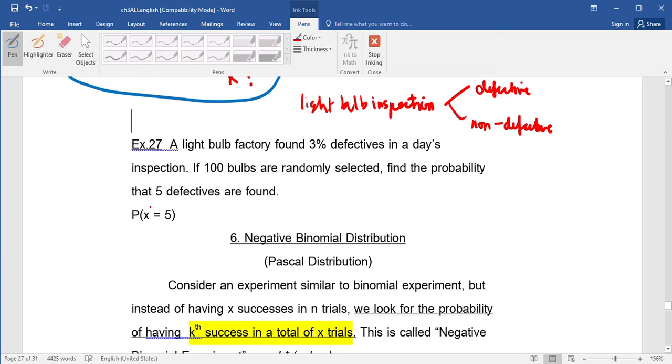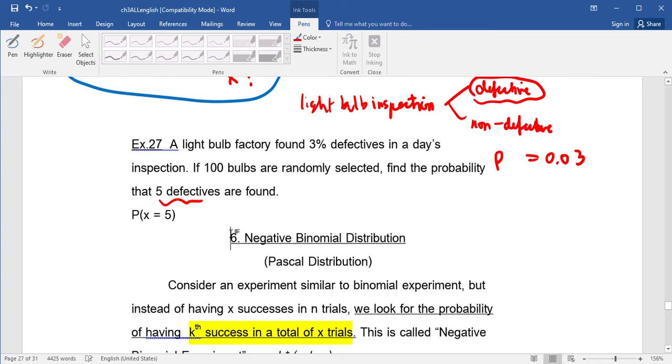Find the probability that 5 defectives are found. We are interested in this, so this is success. The probability of success, the probability of defective, is 3%. So this is inspection of products.